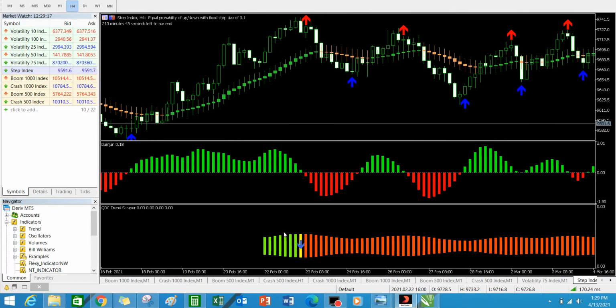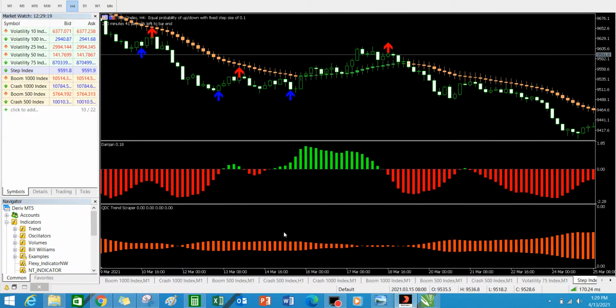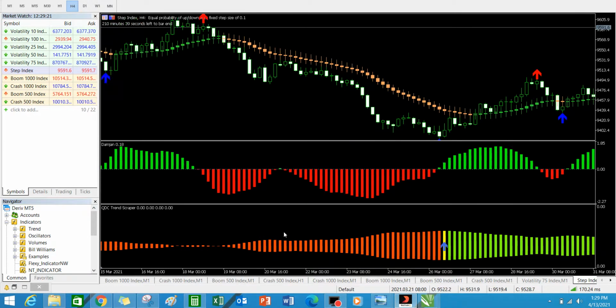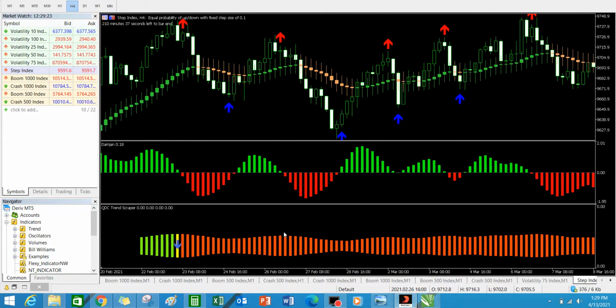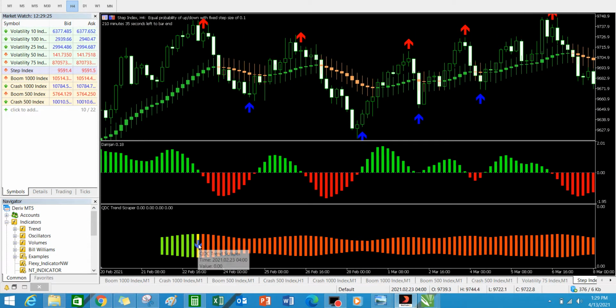Okay, so this is how it works. This is 4-hour time frame. Once the market is on downtrend, as you can see right here, we got our downtrend arrow. I'm going to teach you a few strategies which you can use. You can come in and place your sell order here.